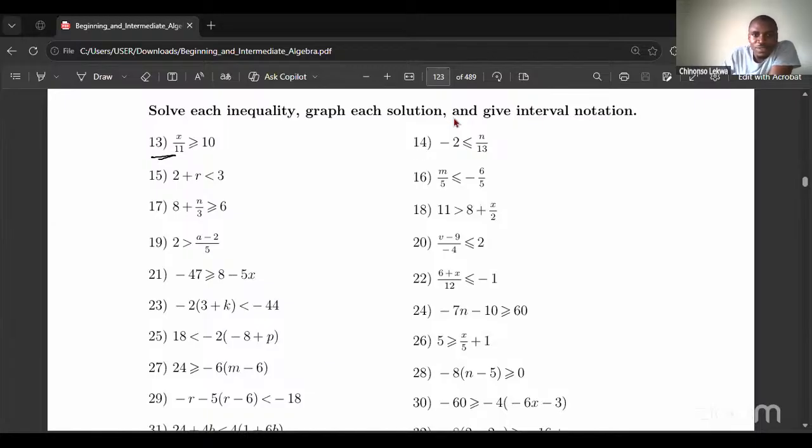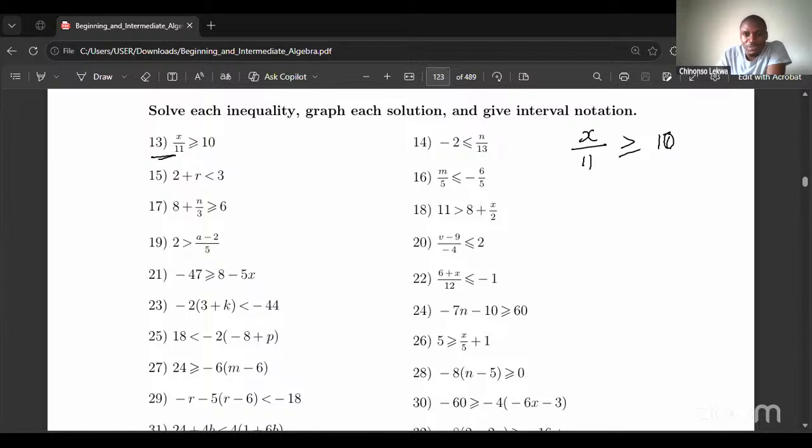So we've got x divided by 11 is greater than or equal to 10. I want to solve this inequality, graph the solution, and give the interval. To solve this, you treat inequalities like equations, except that if you are multiplying or dividing through by a negative number, you need to flip the inequality sign.